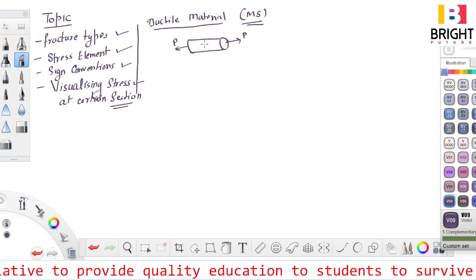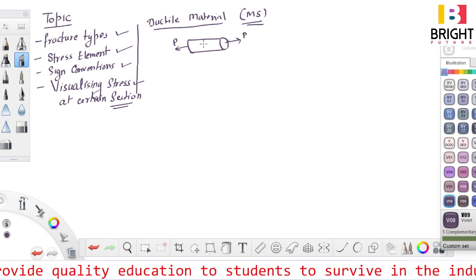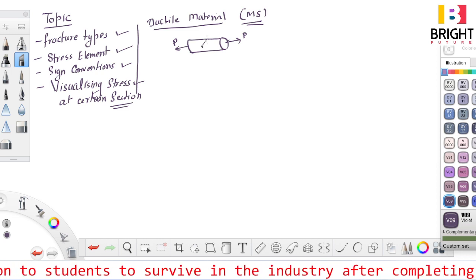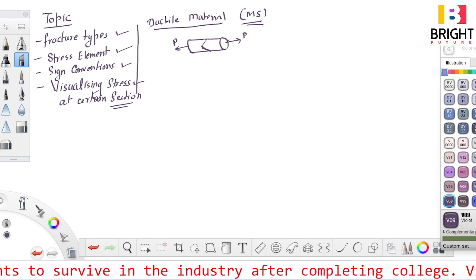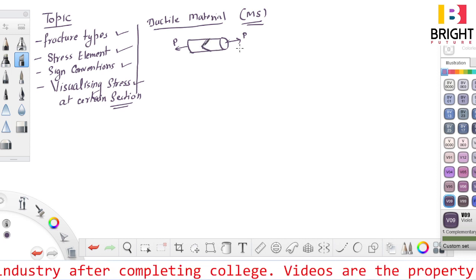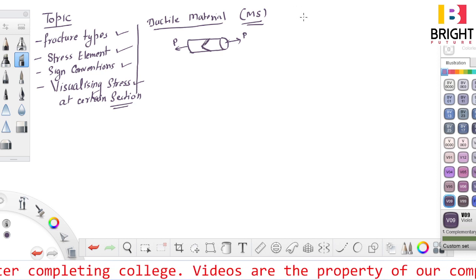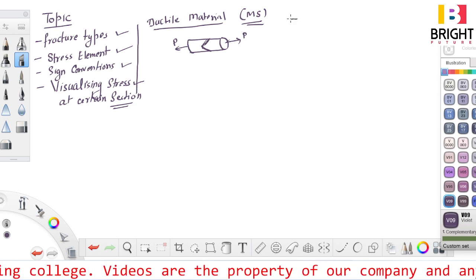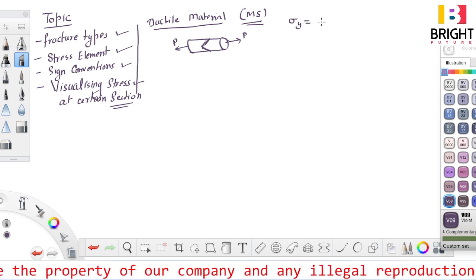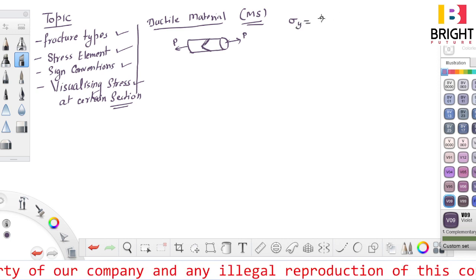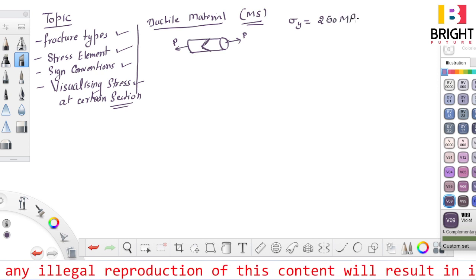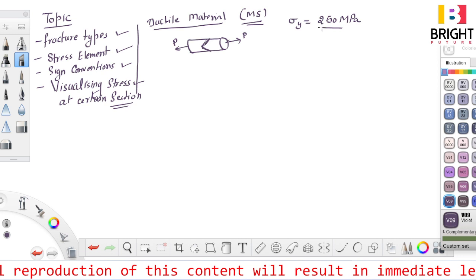Now, the failure normally occurs of cup and cone type, like this. The material fails like this from here. This is the section from where the material fails. Now, actually, we know that sigma y, which is the yield stress, is equal to 250 megapascal, right?